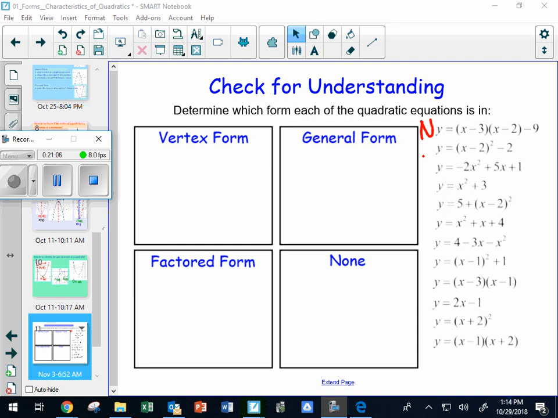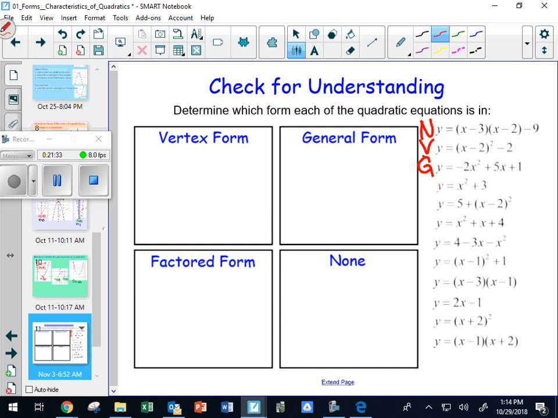So now that we are going through what people have gotten, what do people say for the second one here? Vertex? All right. What about for this next one? Do you have a guess? General. All right. What about this one right here? General?